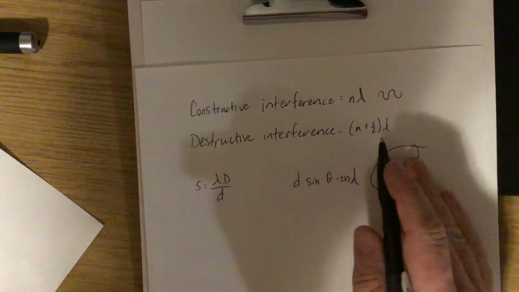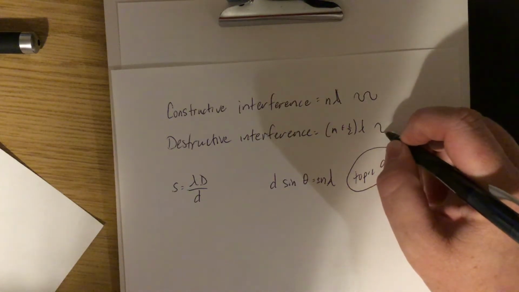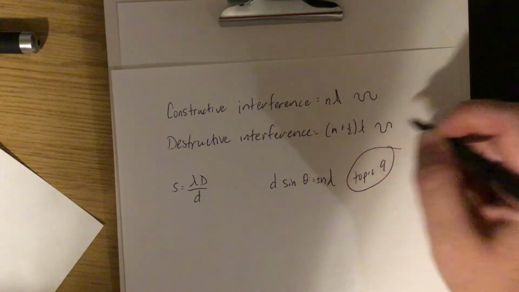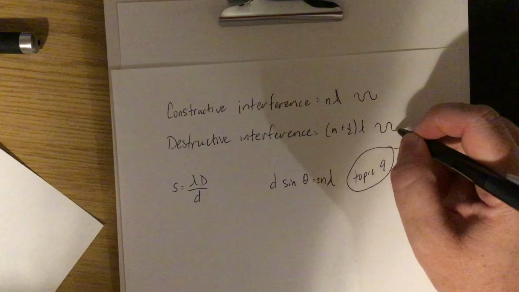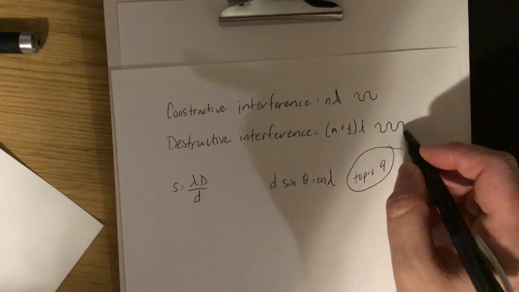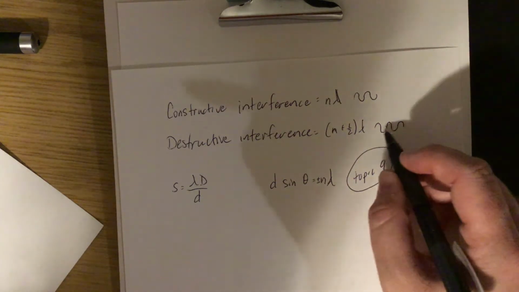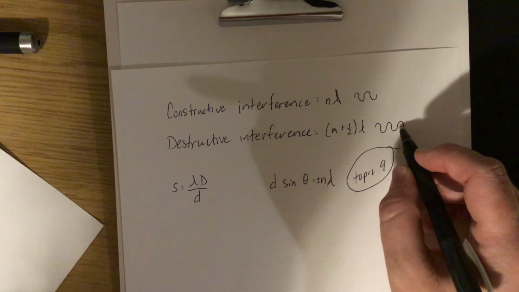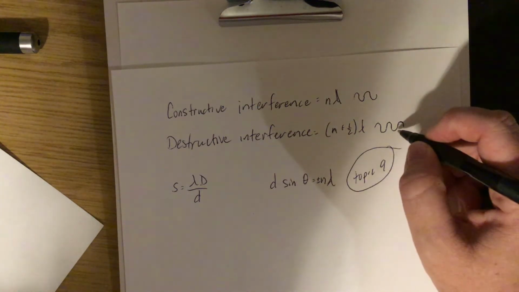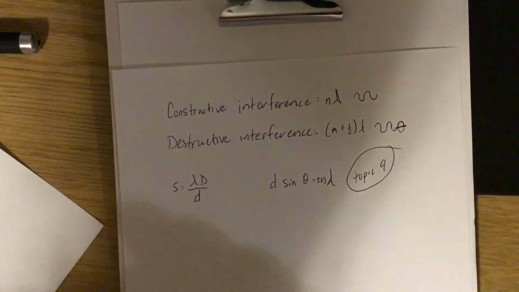And when we're talking about destructive interference, the path difference would be 1.5 wavelengths, or 2.5 wavelengths, or something like that. Because when the path difference is on a half wavelength, when it gets to the screen, one of them might be on the peak, the other one would be on the trough, and then they would cancel out. And so that's where you would get the darkness in there.